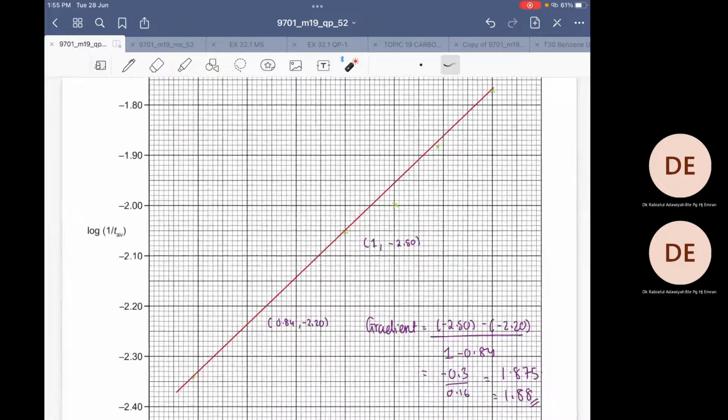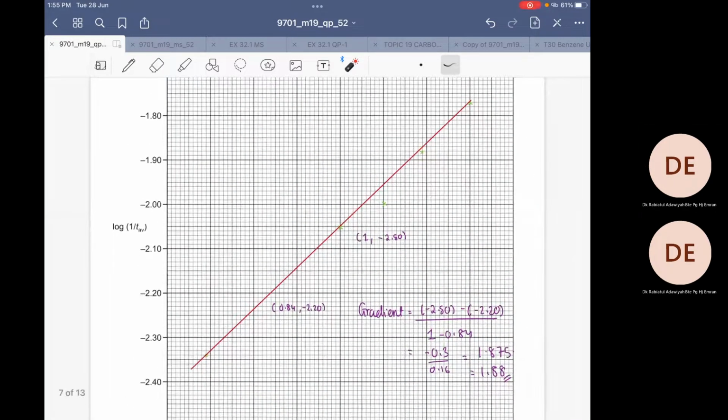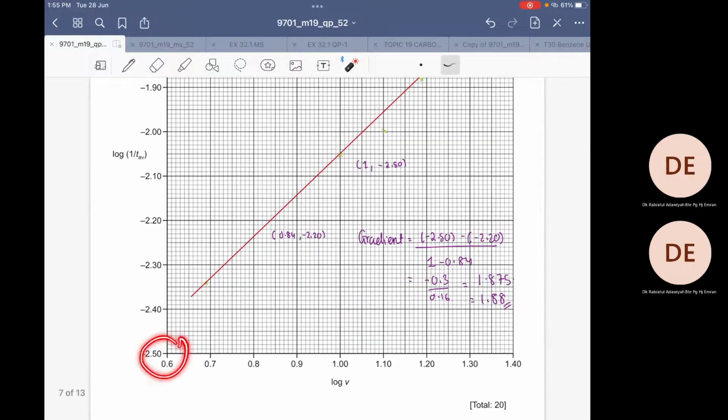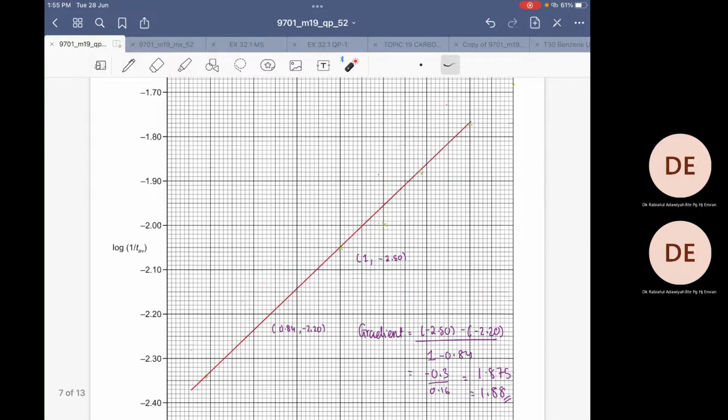Did you manage to draw your graph? Plot your graph and get a straight line? This time, you will not consider the origin because we're not starting at the origin anyway. So you just start from whatever point you started with, and you try to draw a line of best fit. Now, a common misconception is that the line of best fit does not necessarily need to have all your points sitting on the line.